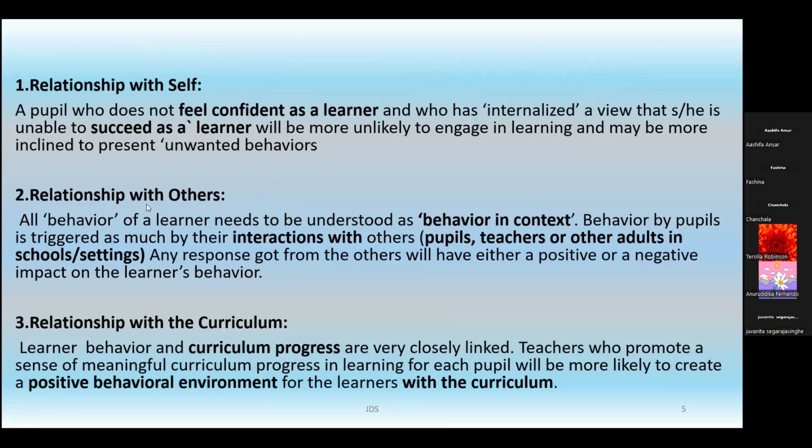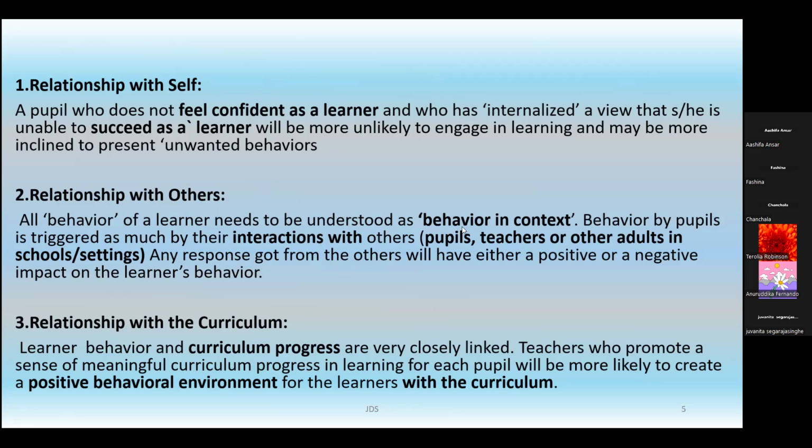Then comes relationship with others. First, the child needs to be positive about himself. He should be confident in himself. And then he should maintain some kind of an interaction with those who are around him.